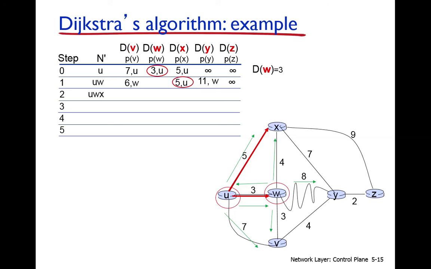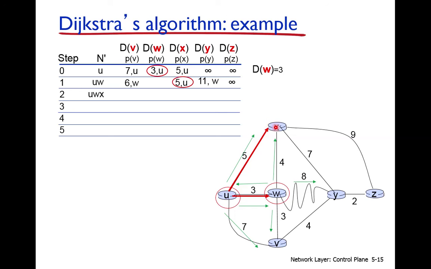Now we are going to explore the neighbors of X. So we have found the shortest path from U to W and from U to X. So U, W, X are added in the visited list, as their shortest path is found.